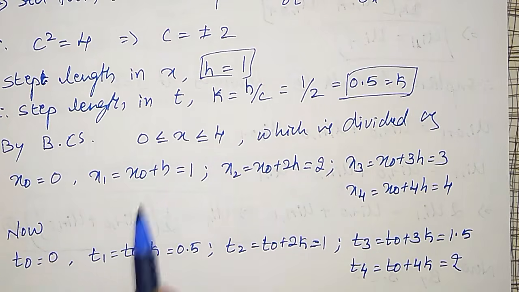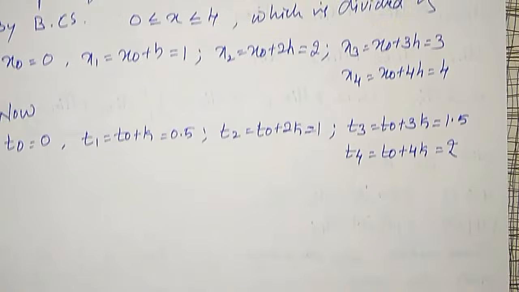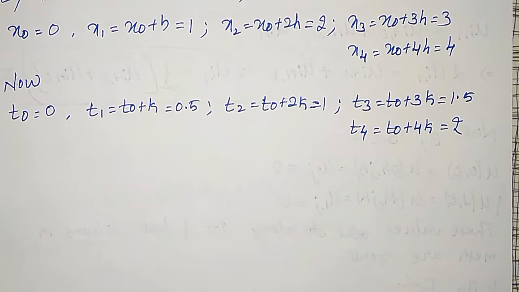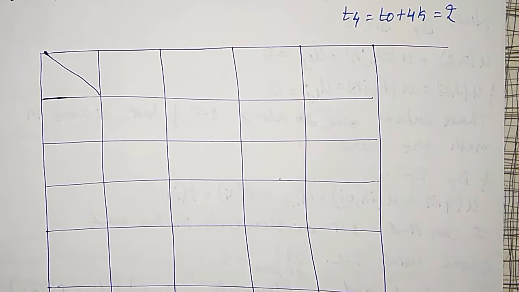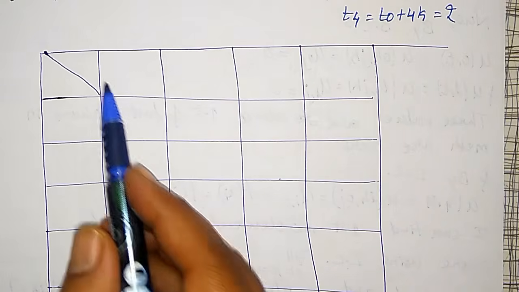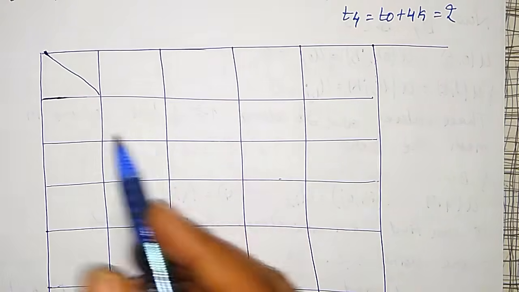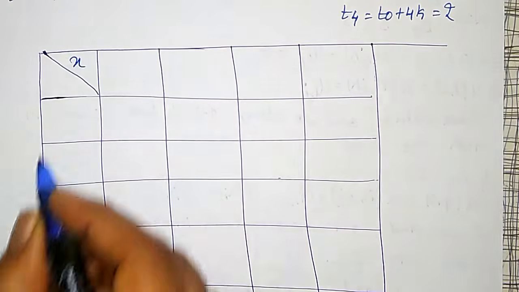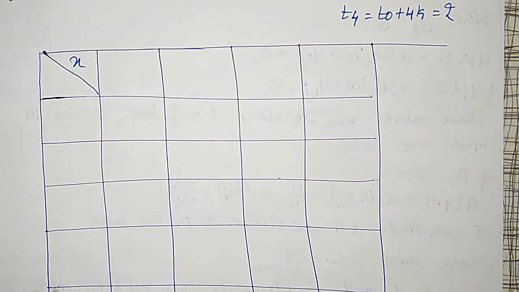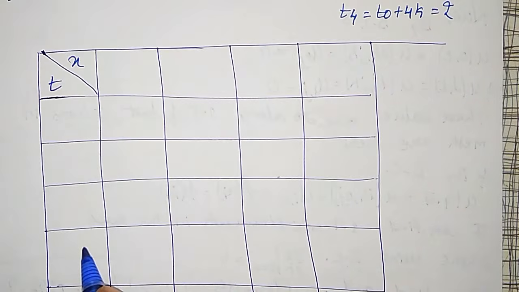Therefore, x and t also I have divided. Using these values of x and t, I will form the table. While forming the mesh, along columns I will take x values and along rows I will take t values.